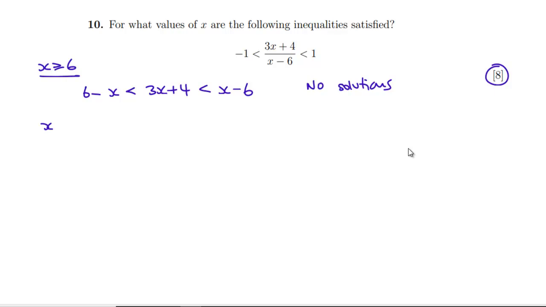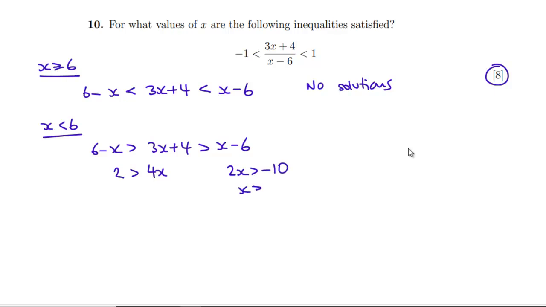So if x is less than 6, then we will have to flip all of the signs around. So we'll have 6 minus x greater than 3x plus 4 greater than x minus 6. So what is that giving us for all of this? We're going to have that 4x is less than 2, and that 2x is greater than minus 10.